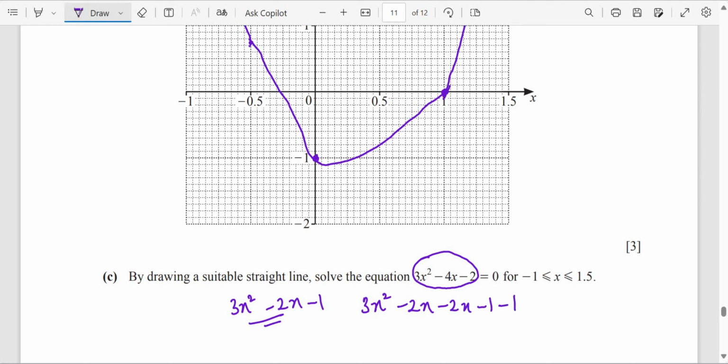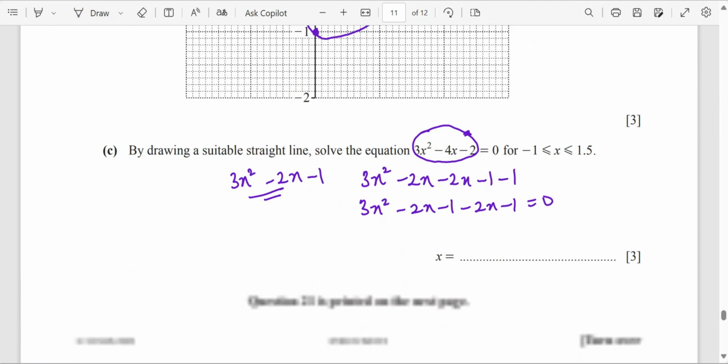Now, if you look at what I have written here, it's still the same thing as what we're given to solve. So I'm going to rewrite this as 3x squared minus 2x minus 1 minus 2x minus 1 equals 0. I have only repeated this, but I have expanded it further.